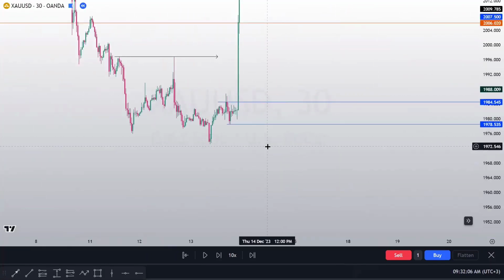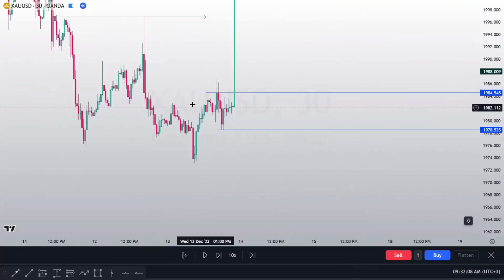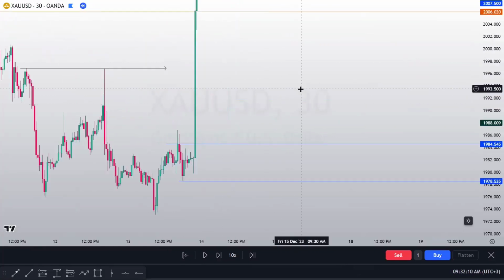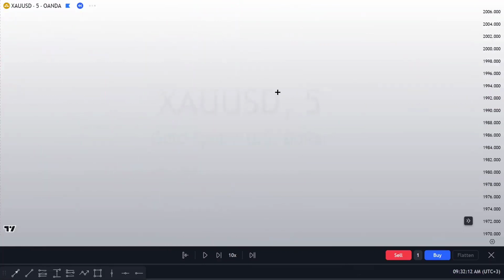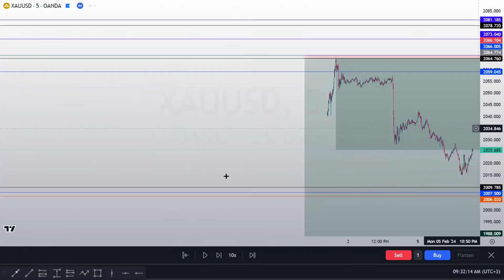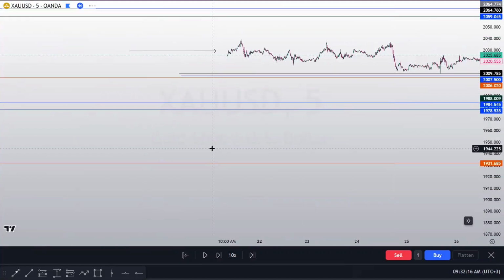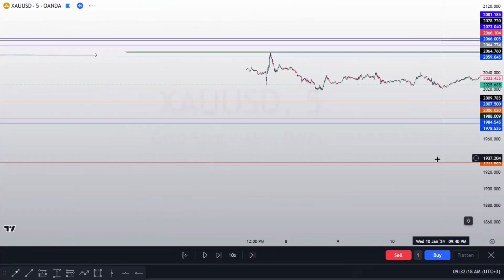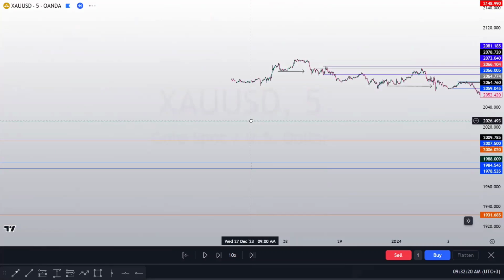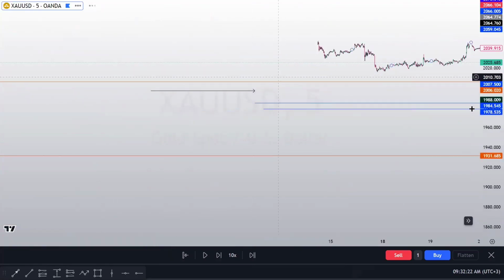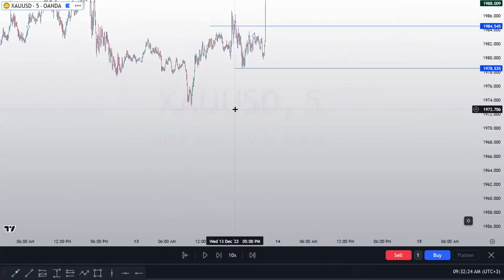But going on the 5, I remember a lot of people missed this entry because they took the liquidity flip from the 30 minutes time frame. But going to the 5 minutes time frame, we had a clear, beautiful liquidity flip available on this area right here.